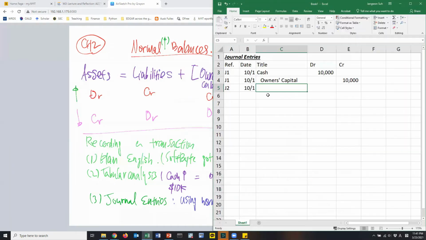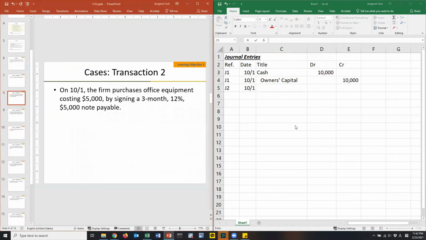Equipment, 5,000, and then Control D. And then we see that notes payable is increasing.